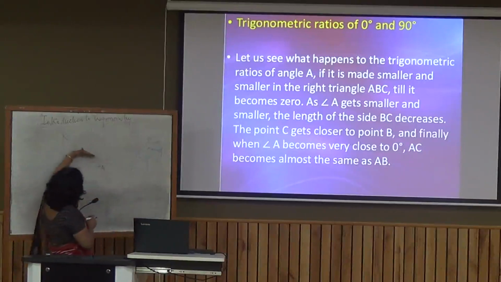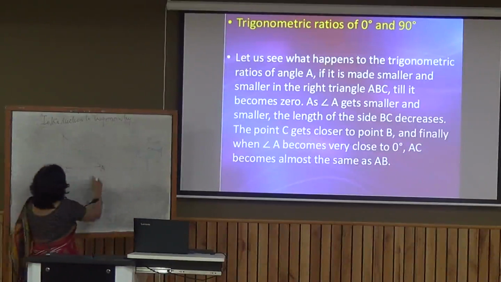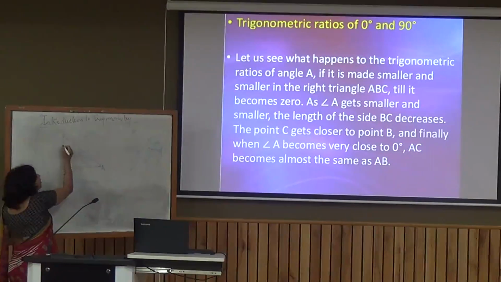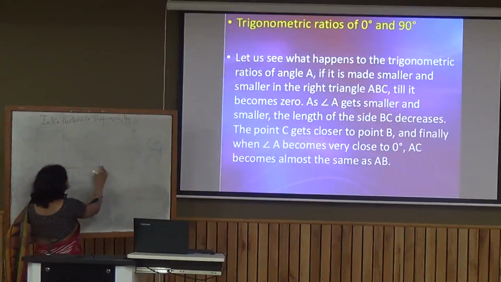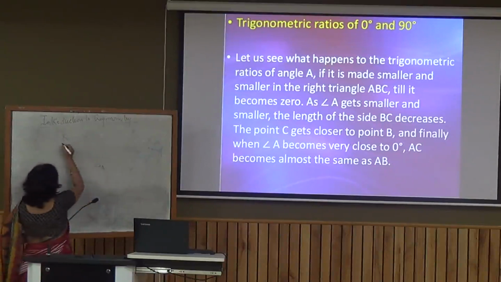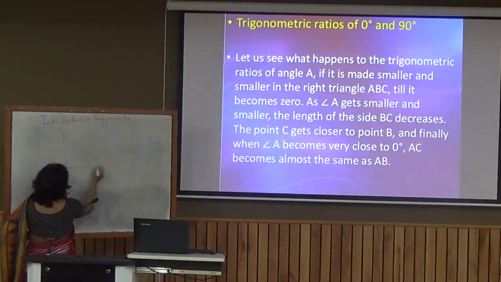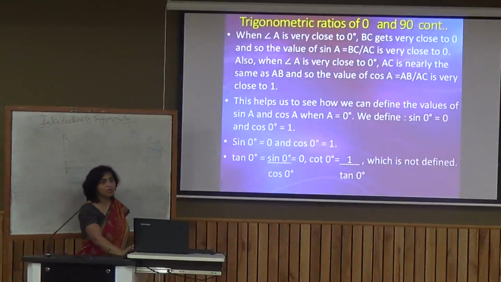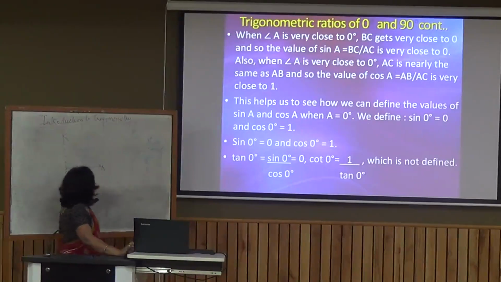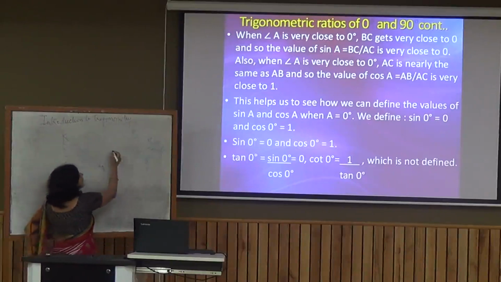We keep on decreasing angle A, and our side BC also keeps on decreasing. Finally angle A becomes 0, and our AC coincides with AB. It almost becomes 0, so the opposite side becomes 0.